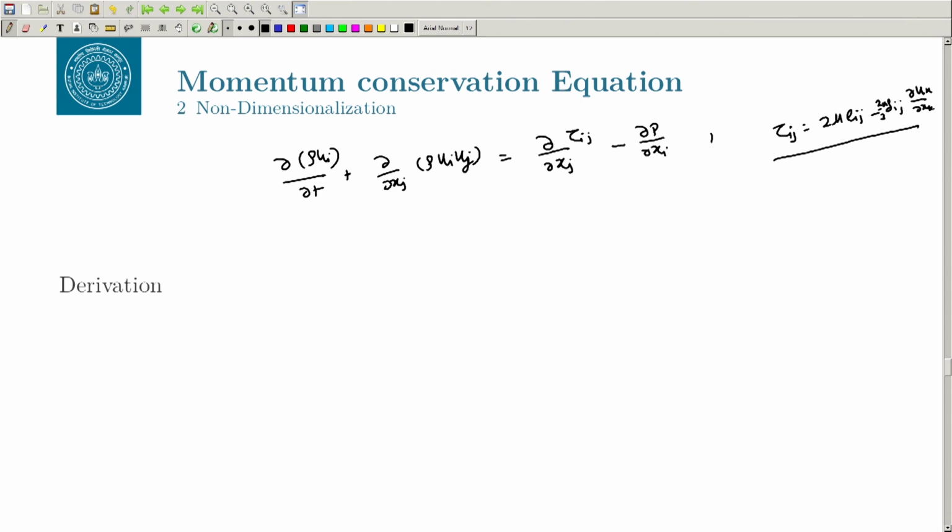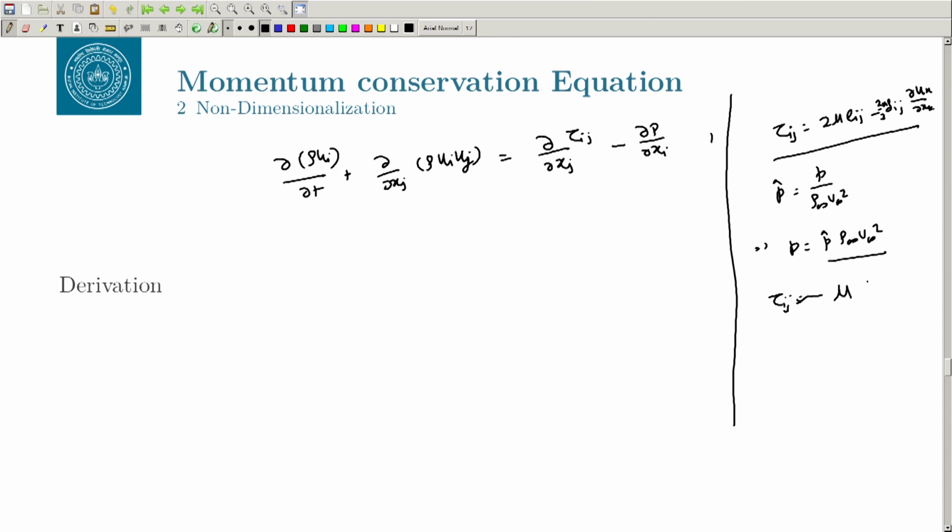So, we will use the same scaling that we had, except that for the pressure we are using p hat as p by rho infinity u infinity square, right. So, you can write p as p hat rho infinity u infinity square. The other thing we have is tau_ij. Whether the flow is compressible or incompressible, you can see that it goes as mu into some kind of velocity gradient, ∂/∂x or ∂/∂y, whatever you want. E_ij depends on velocity gradient, and this is also a velocity gradient, right.